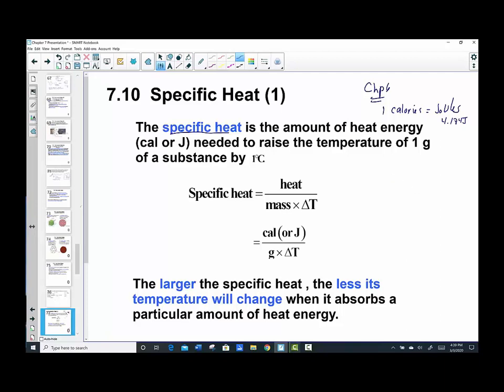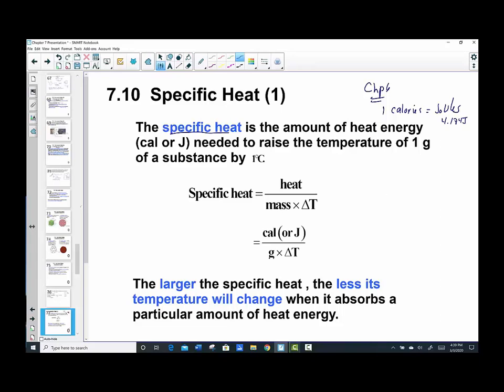So specific heat, the larger the number, the value, the magnitude of the specific heat, it takes more and more and more energy to raise the temperature of 1 gram of a substance by 1 Celsius degree. So if I put in a little bit of heat, it doesn't move very much on the temperature scale.